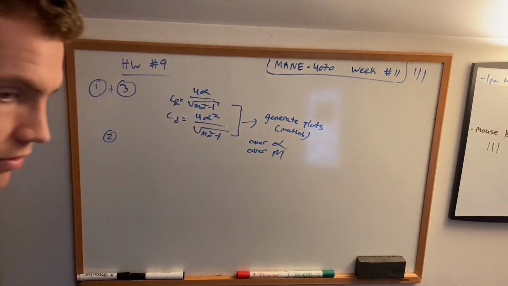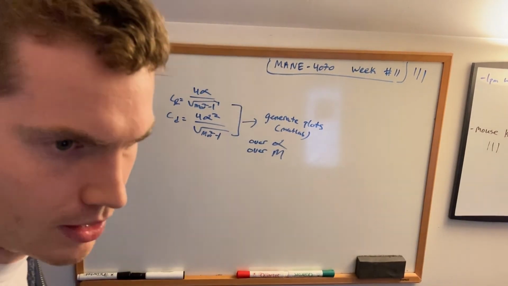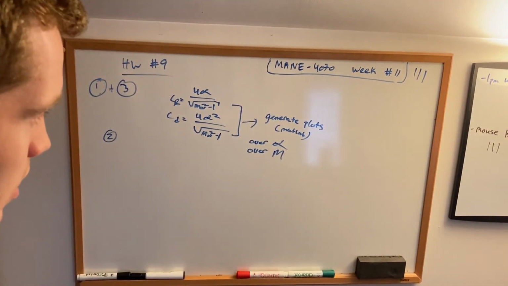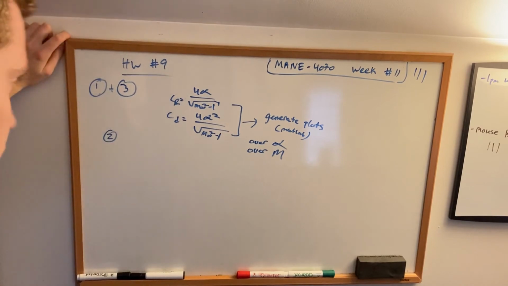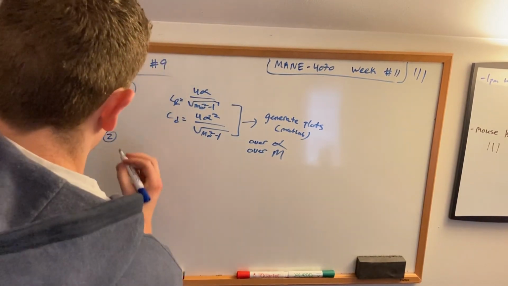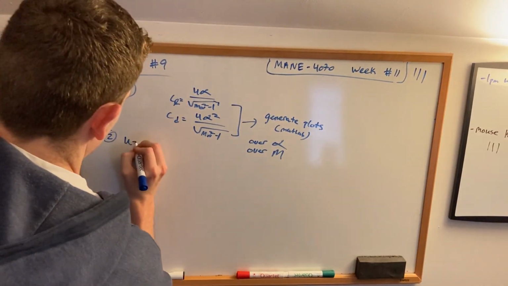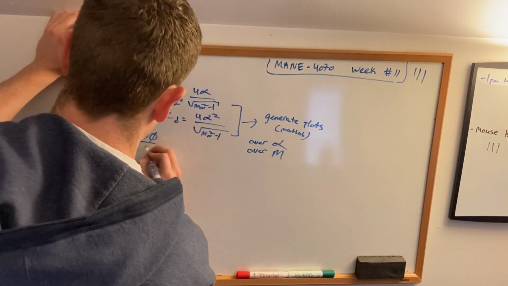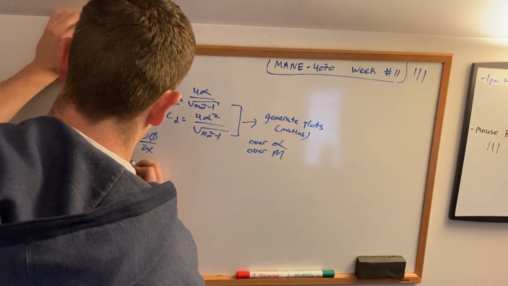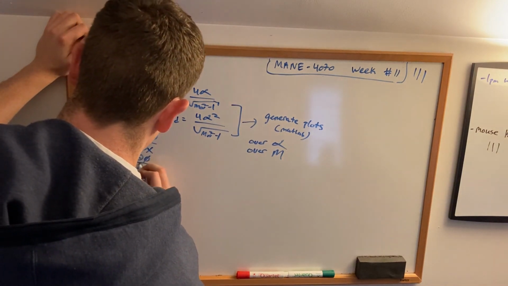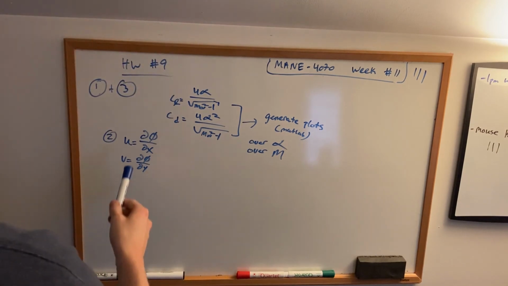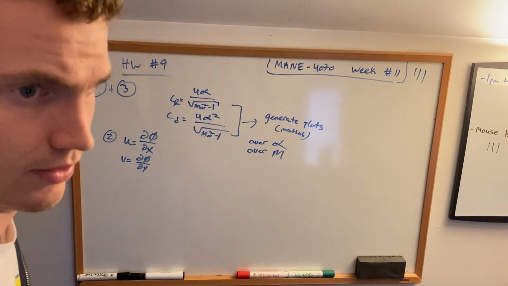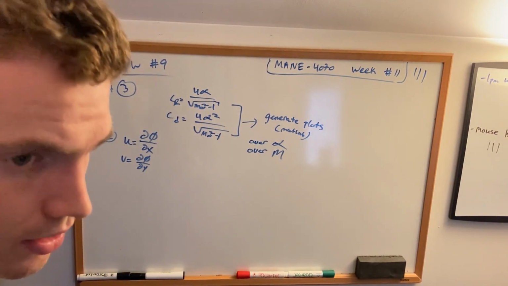Problem 2 is a bit of a throwback problem to stream functions, using some new knowledge that we got over the last few weeks. I give you some stream function, so it's important to remember our stream function equations, where u is given as the partial derivative of the stream function with respect to x, and v is the partial derivative of the stream function with respect to y.